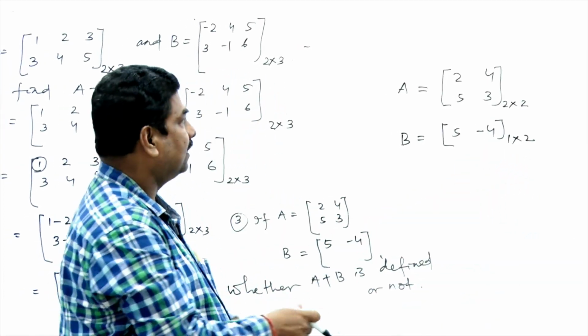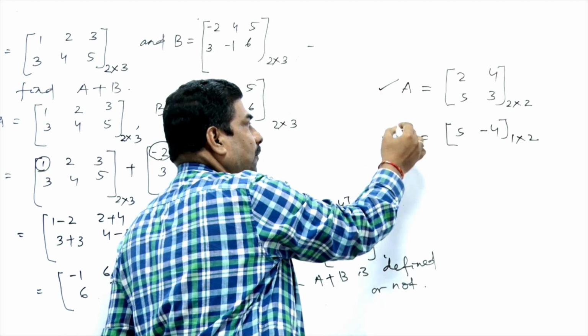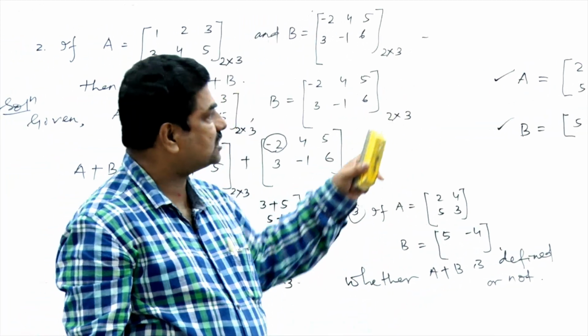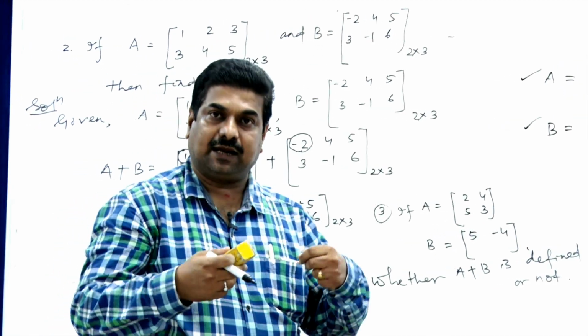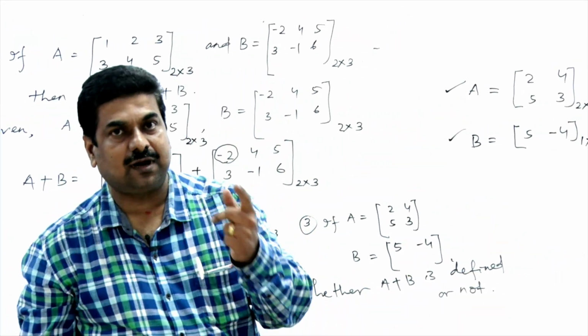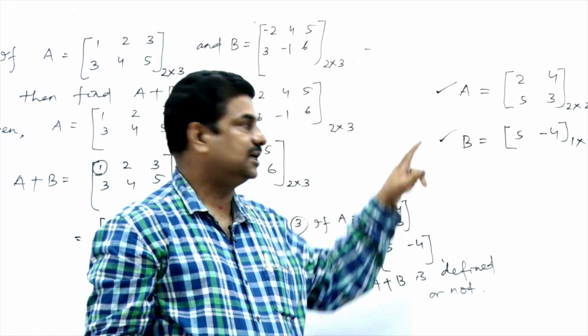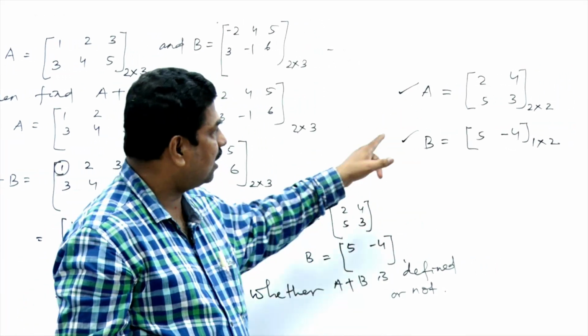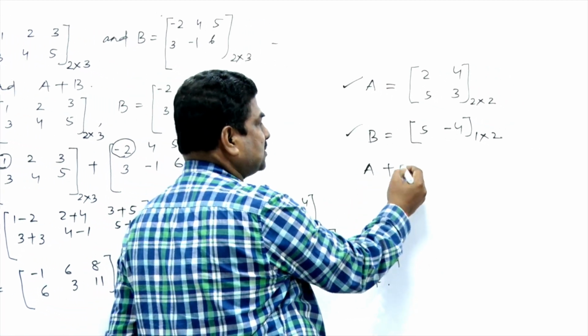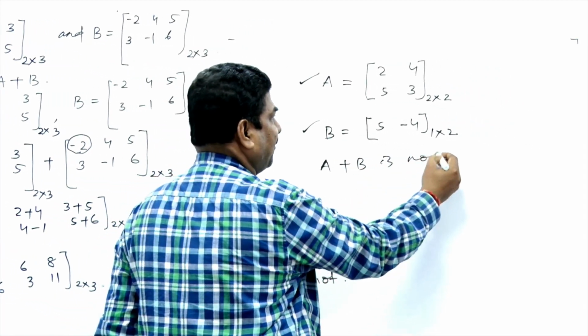In case of addition of two matrices, it requires that they have the same order, but here these two matrices do not have the same order. Therefore A plus B is not defined here.